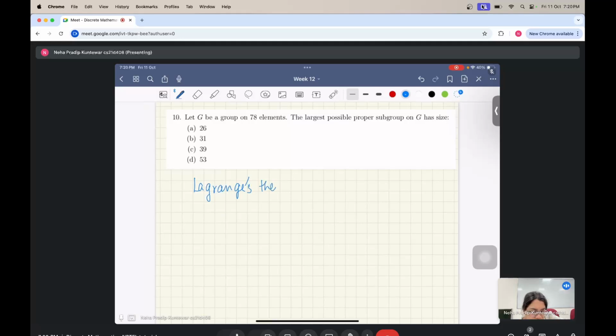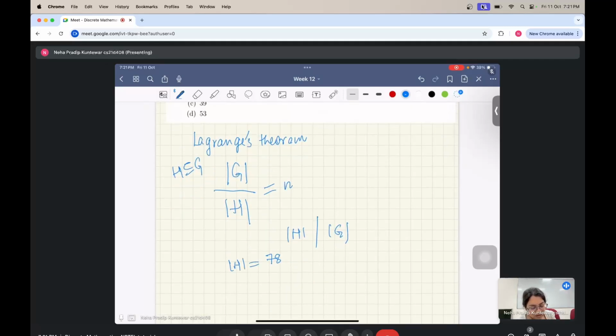Lagrange's theorem says that if I look at a G, which is a group, and I look at the cardinality of G, and I divide it by the cardinality of any subgroup H, where H is a subgroup of G, then this is an integer, that is, size of H divides size of G. So notice that I am not allowed to have size of H as 78 because we said we want a proper subgroup. So what is the next largest number that you can have?